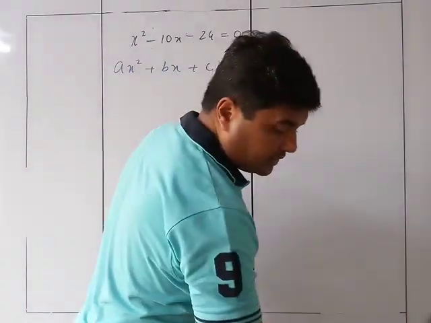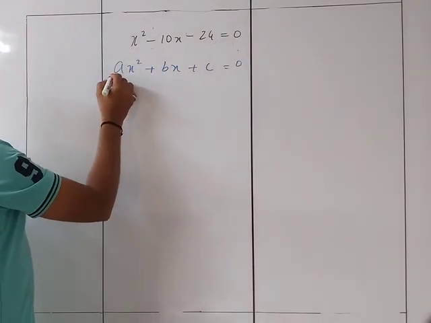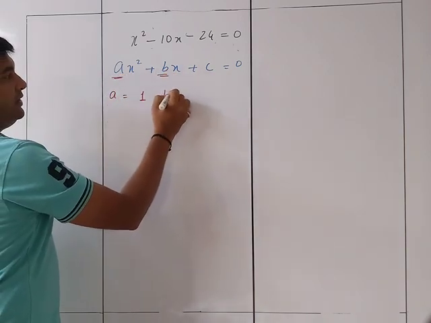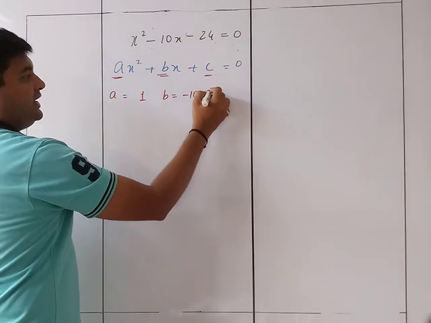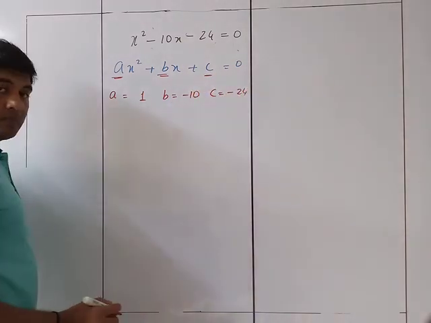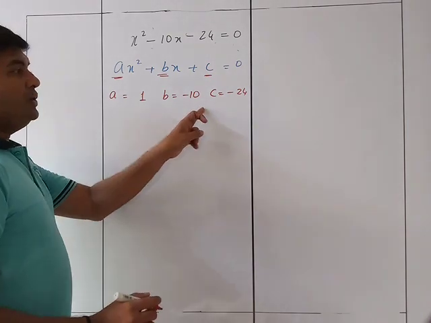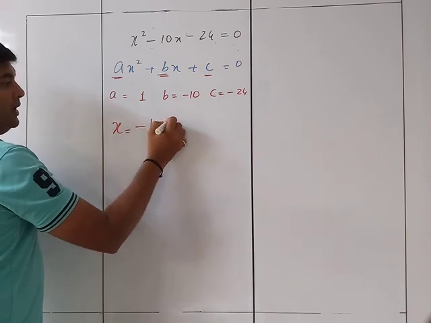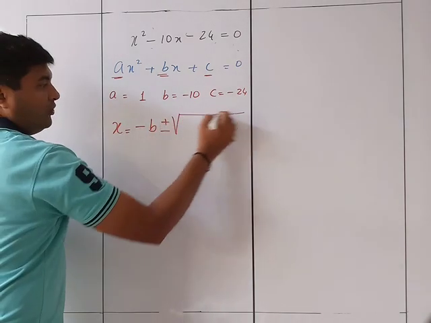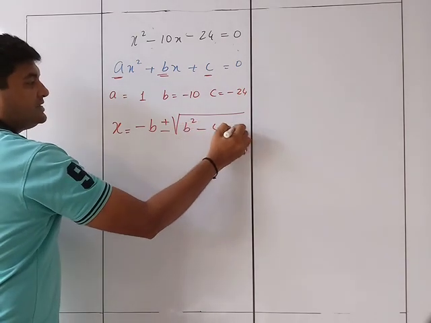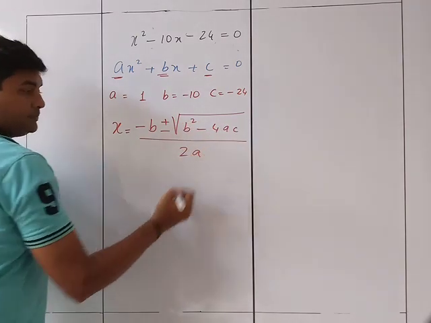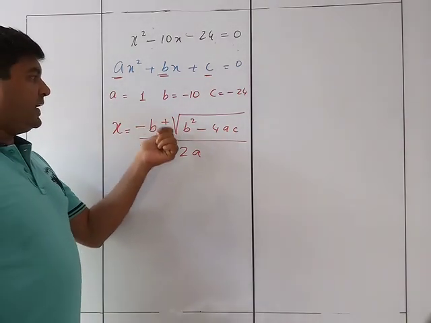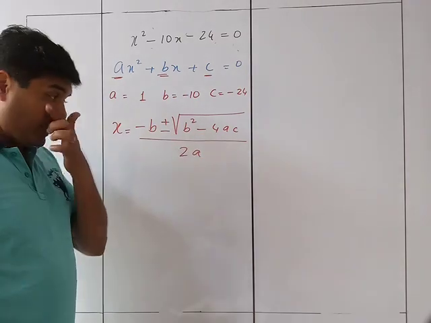So what we see over here is that the value of a is equal to 1, the value of b is equal to minus 10, and the value of c is equal to minus 24. These values have to be placed in the formula x is equal to minus b plus or minus root of b square minus 4ac upon 2a.